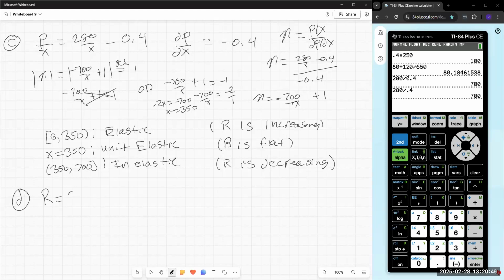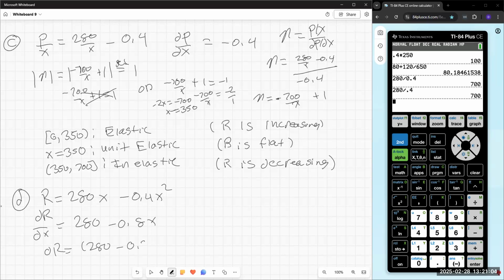R equals 280x minus 0.4x squared. dR dx is 280 minus 0.8x, which makes dR exactly 280 minus 0.8x dx, and makes delta R approximately 280 minus 0.8x delta x. X is equal to 210. Delta x is equal to 10.